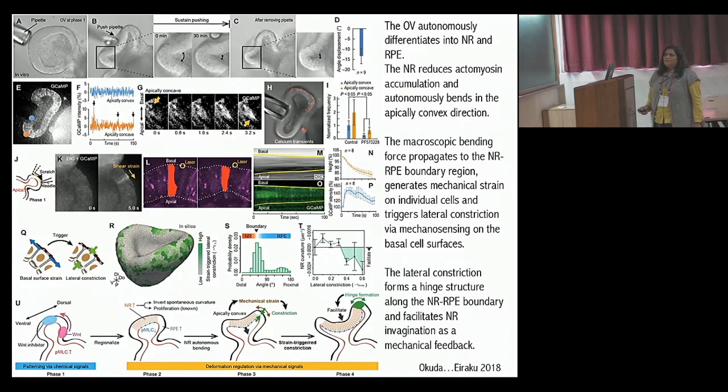And what they've shown by using mechanical perturbations of the kind that I described in other experiments, either pushing a micropipette on this spherical or hemispherical stage and so on, was that this bending force actually propagates to this hinge region here and then induces lateral constriction of those cells, rather than what people had predicted before, which is that apical constriction in the hinge region passively invaginates the neural retina.